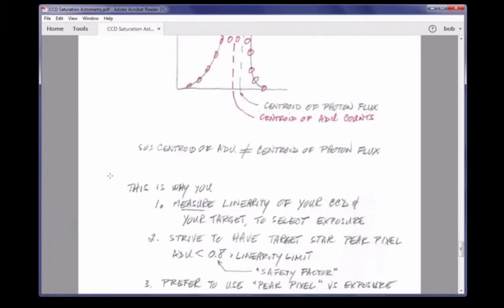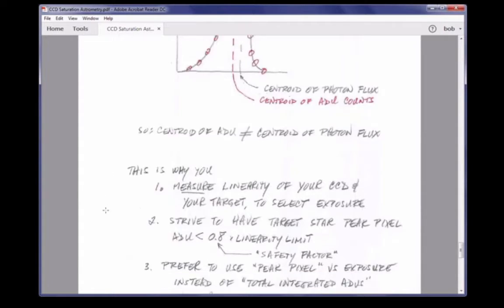And that's why you take the time on one run with the telescope and camera you're using to measure what's the linear range of the CCD, and how many ADUs can you collect on a pixel before you go nonlinear.